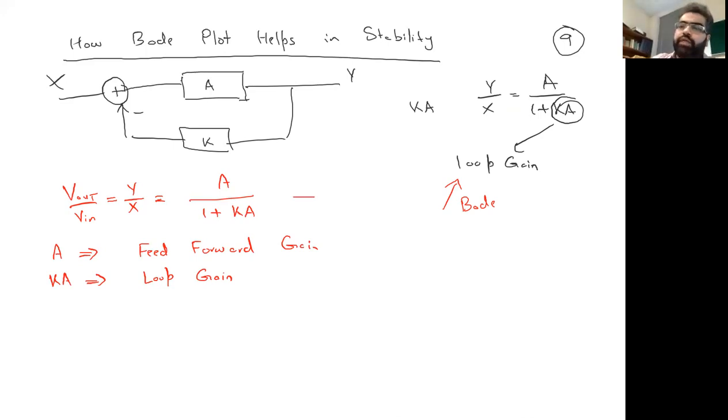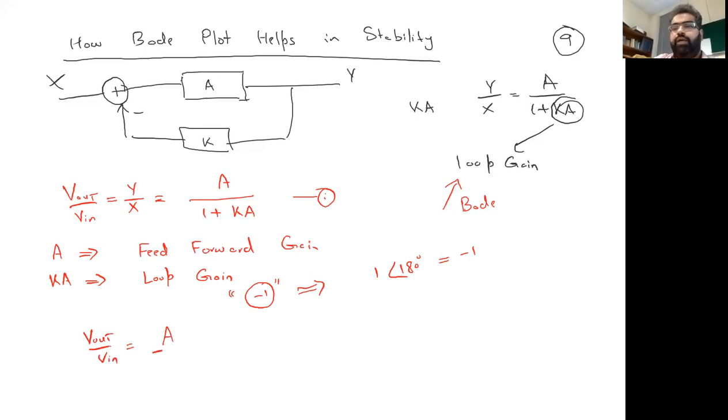Now, if KA, the loop gain, becomes -1, what will happen? That's something we need to consider. Magnitude wise, it's 1. Phase wise, it becomes 180. Meaning, if I write -1 as 1 angle 180 degree, this equals -1, right? Agreed? And if KA has this value, what will happen with V out by V in?